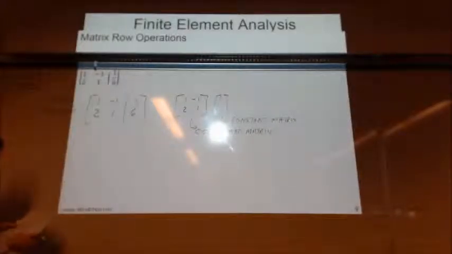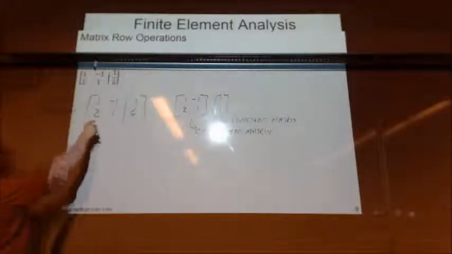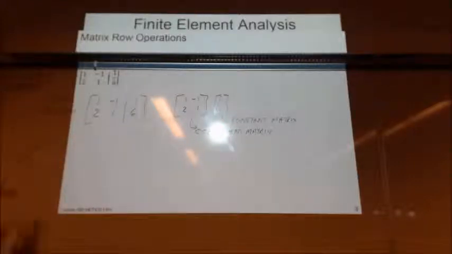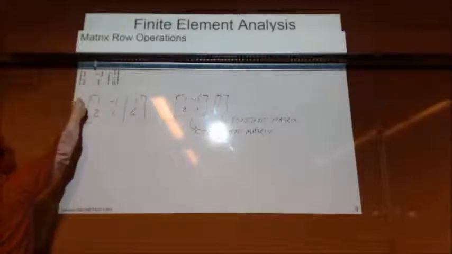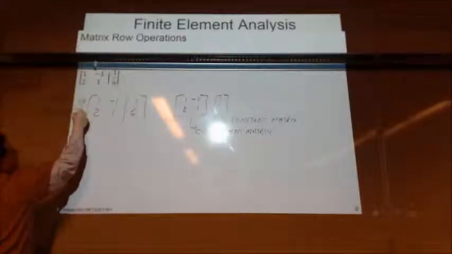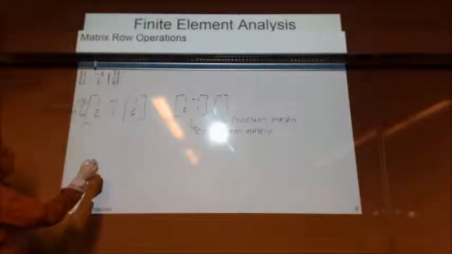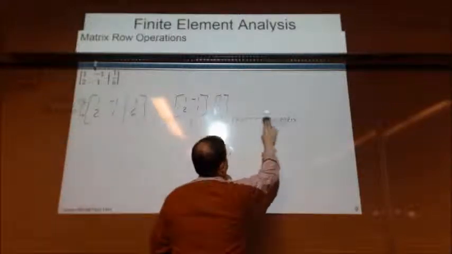Okay, but when we're doing these operations, we want leading ones, and we're trying to make zeros underneath them. So we want to make this become a 0. The way to do that is multiply this row by minus 2 and add it to this row to make it go away. So it's going to look like this.